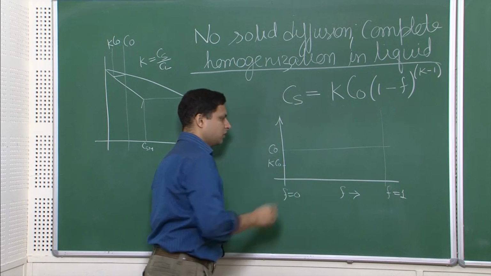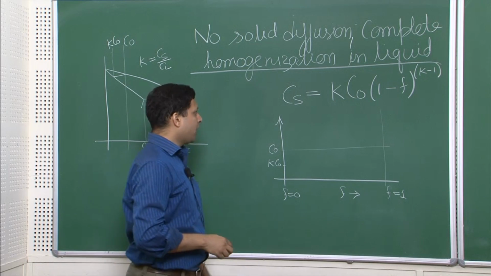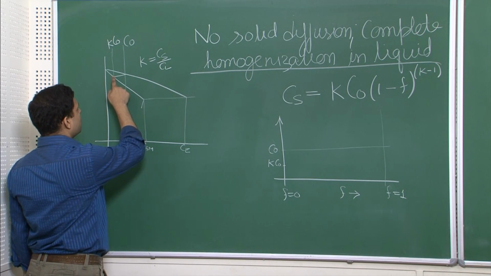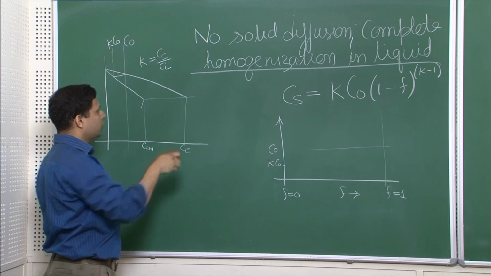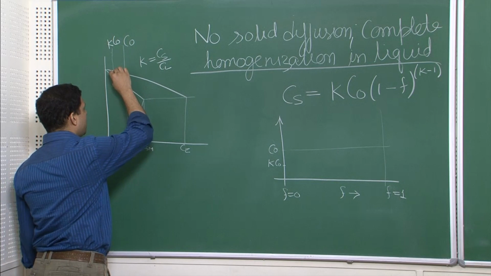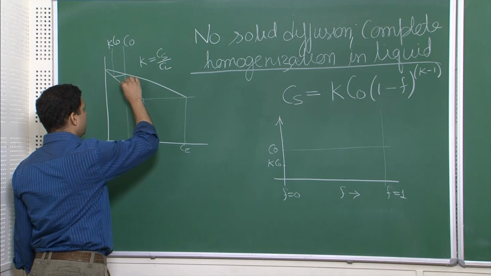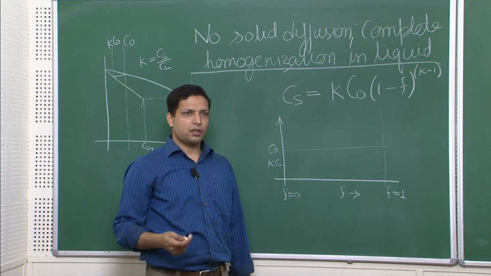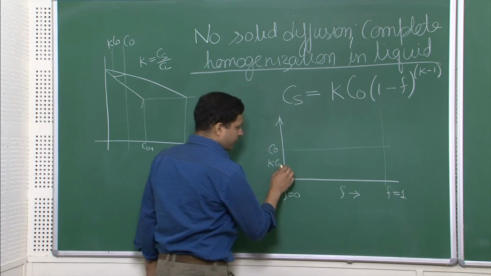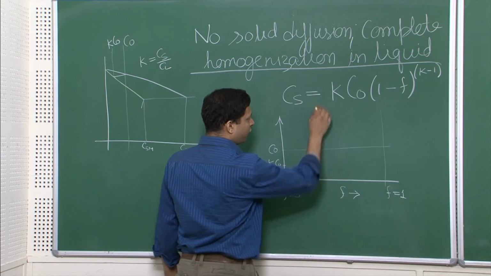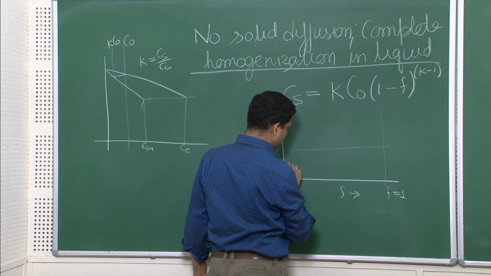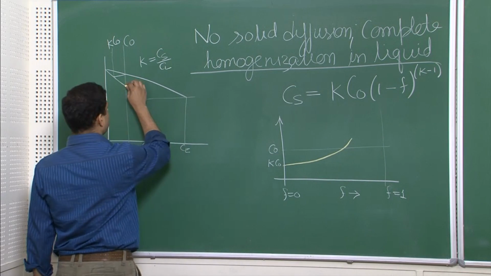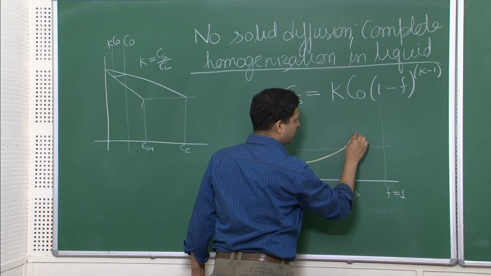So, it starts from this value K C naught, and then the concentration of the solid will keep varying along this direction. It will keep increasing, but it will not be a straight line, it will follow the equation like this, and at some point it crosses C naught and comes over to this point.